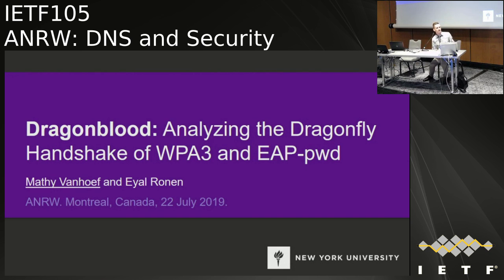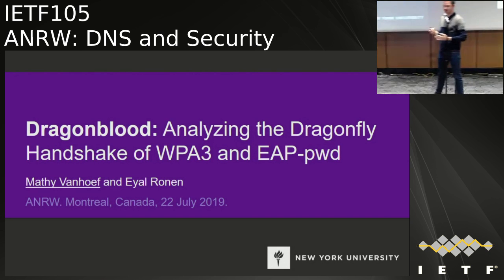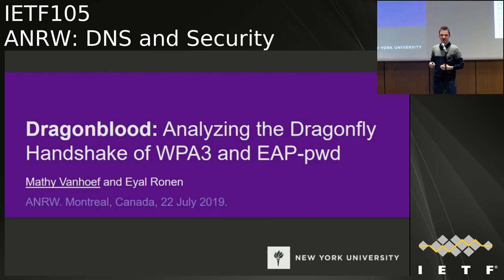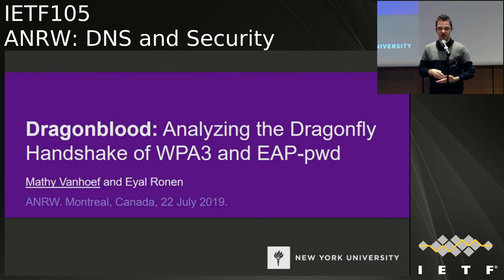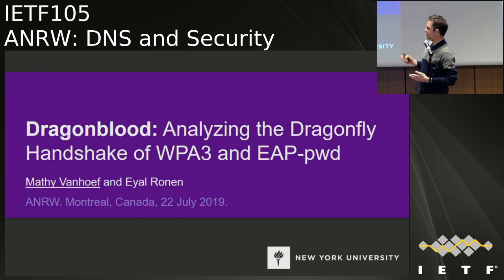So I'm going to be talking about WPA3 and specifically about the Dragonfly handshake that is used now in this protocol. This Dragonfly handshake is also used in EAP-pwd. This research was done in collaboration with Eyal Ronen.